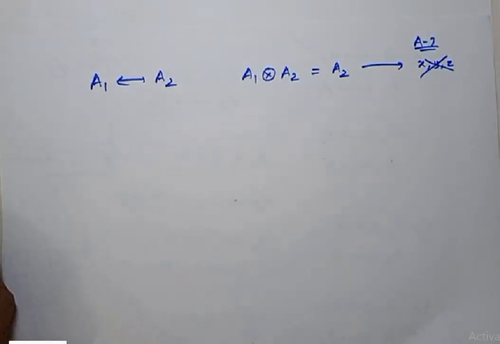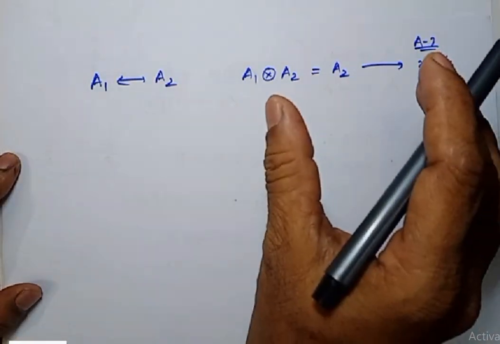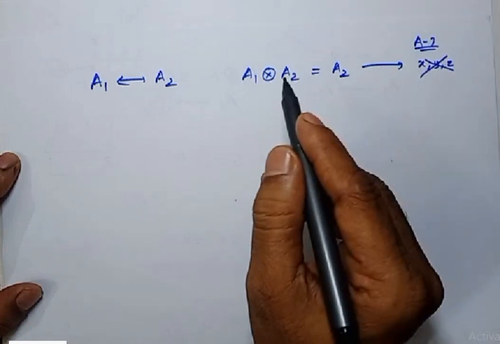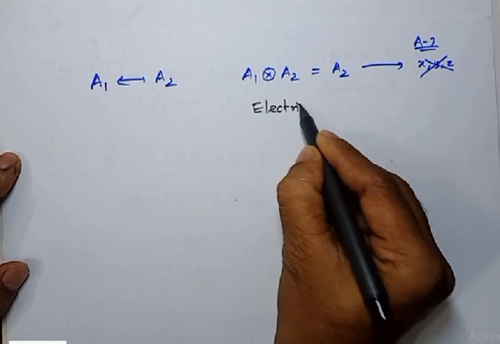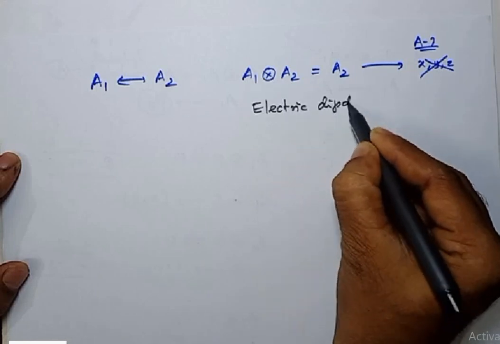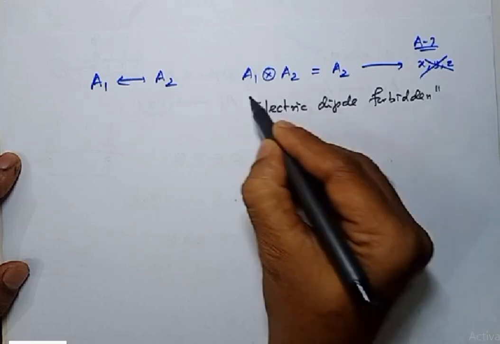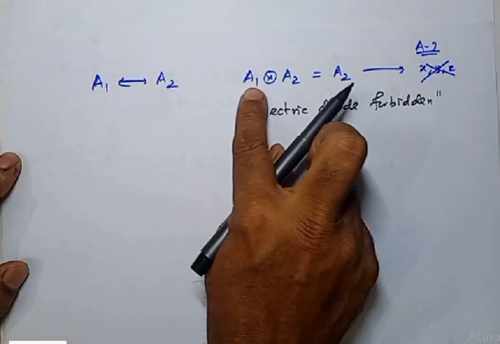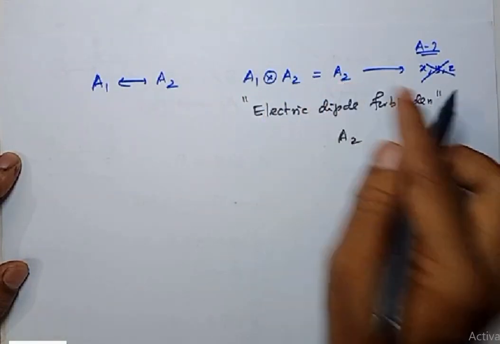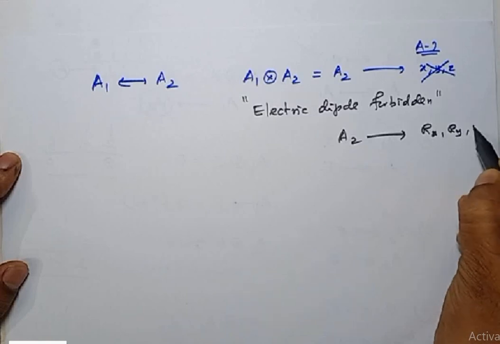Yes, our answer is correct. But I need to give some more information here. If you check only X, Y, Z, then it is forbidden. How is it forbidden? It is an electric dipole forbidden transition. But see here, the direct product of A1 into A2 is equal to A2. Along A2, you check whether Rx, Ry, Rz exist or not.